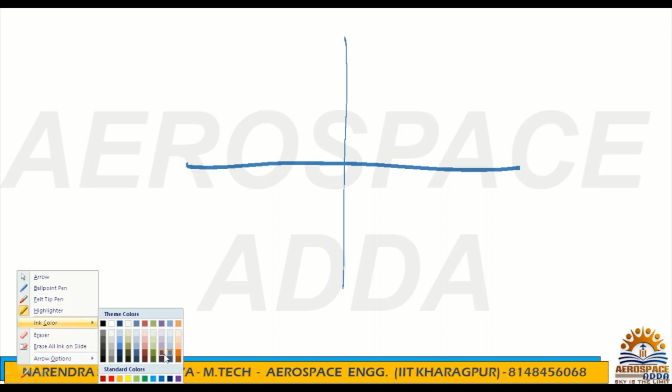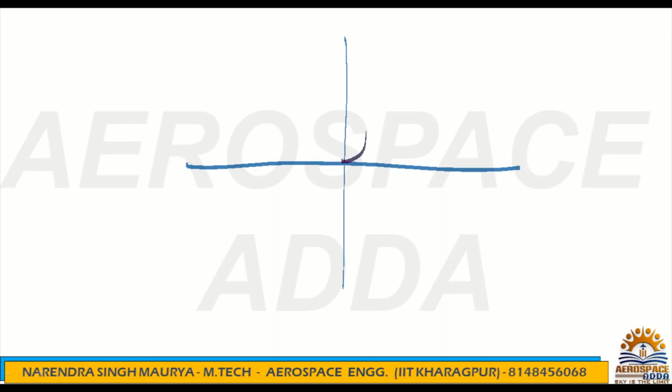See, circles will appear something like this, these two circles. This is the streamline. Hence you have to show the direction: source, sink, source, sink. Doublet I'm showing, okay, doublet.